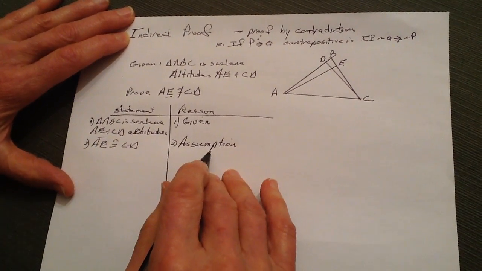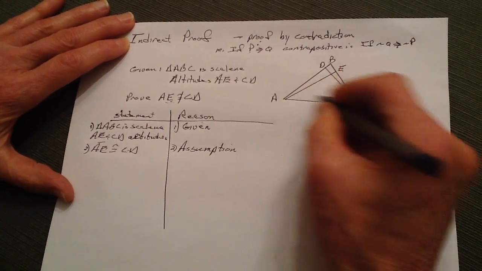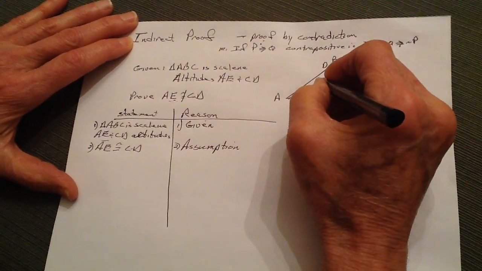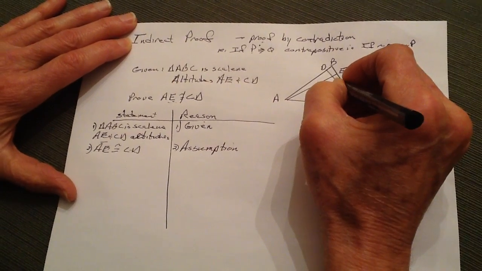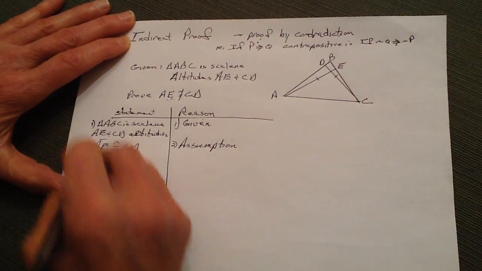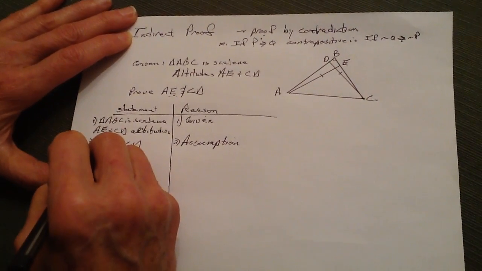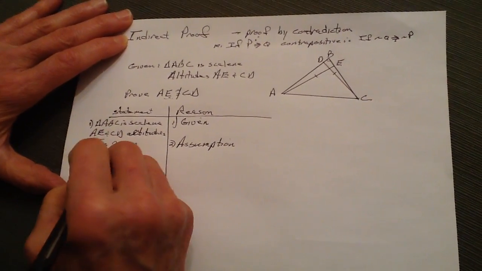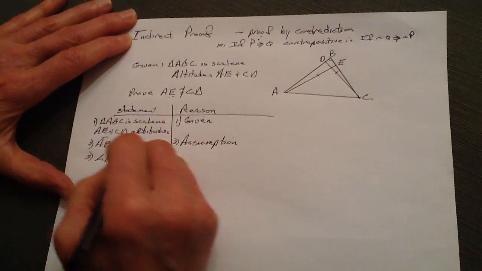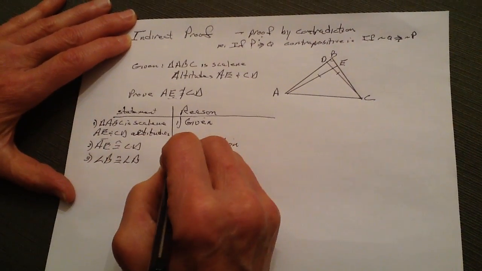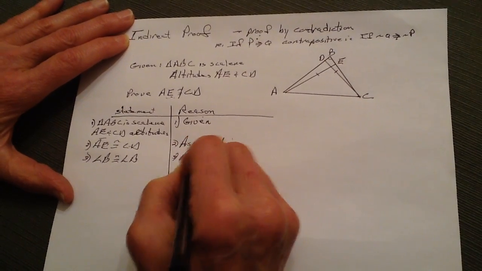So I'll make a mark here that these are equal. Now I know that angle B is congruent to itself, correct? So number 3, angle B is congruent to angle B because of the reflexive property.